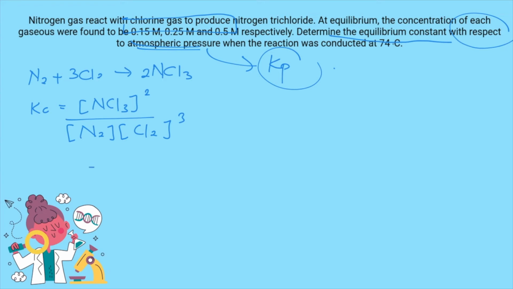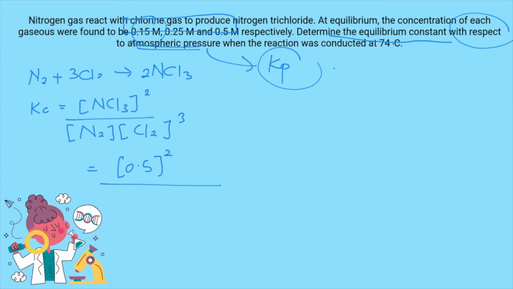So now let's plug in the values that are given to you in the question. So it states here nitrogen, chlorine, and nitrogen trichloride. So the molarity of nitrogen trichloride is 0.5, so you need to do it to the power of 2, divided by nitrogen gas.